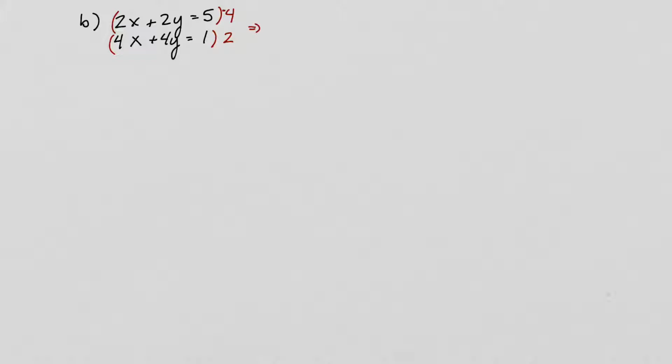If I do this, I end up with negative 8x minus 8y equals negative 20. And on the bottom, I end up with 8x plus 8y equals 2. If I add these two equations together, just like in my last problem, the x's go away and the y's go away.